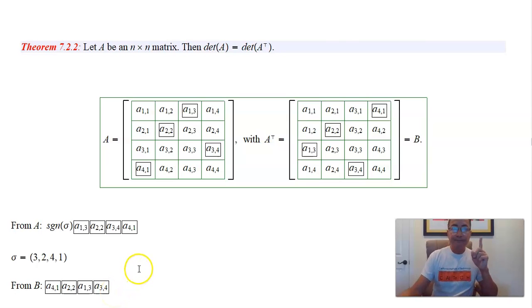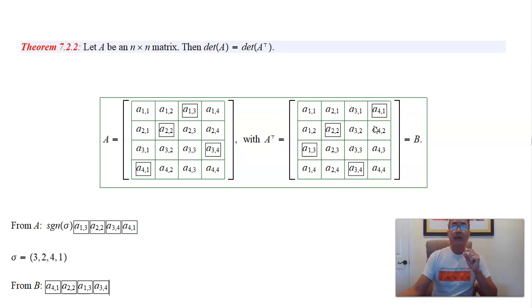However, I used the original formula where we get the permutation of the rows to make the determinant for A. How about for B?